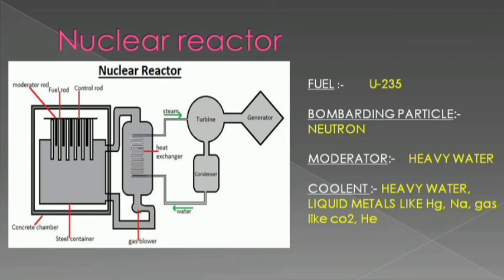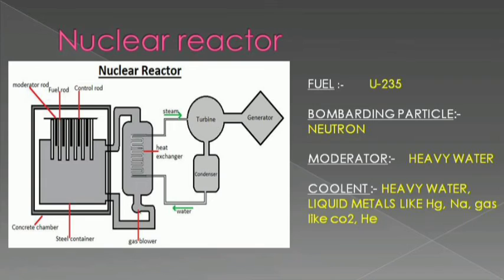Another example of nuclear fission is the nuclear reactor. As you can see in the diagram, there is a concrete chamber in which the nuclear reaction is going on. The particles used for fuel are uranium 235.